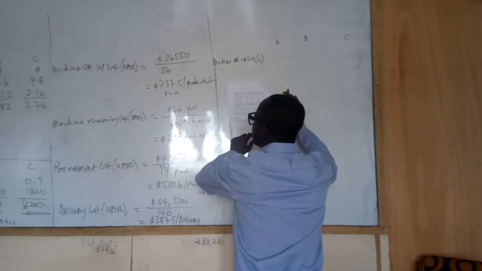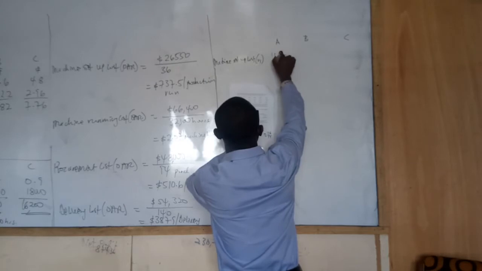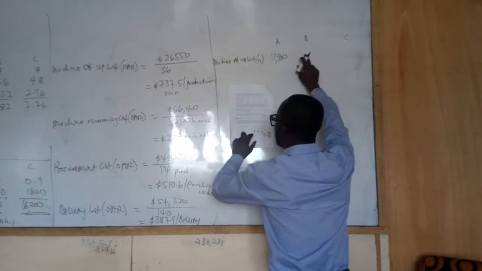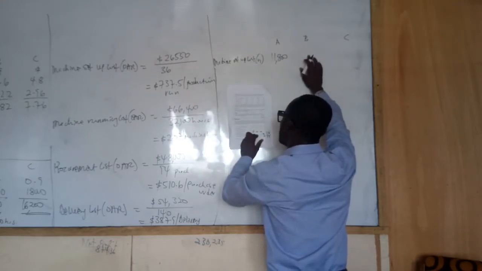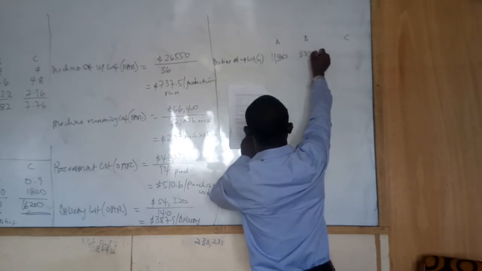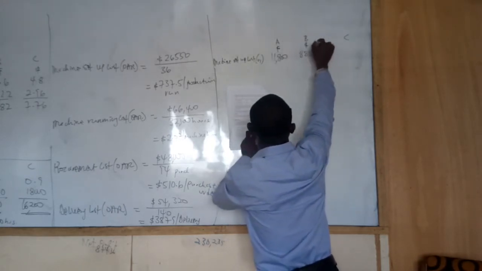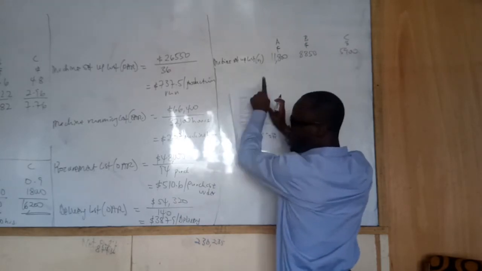B, how many did B do? 12. So 12 times that same figure. How many did C do? 8. So 8 times that same figure, 5,900. Okay. So that's the machine setup cost.